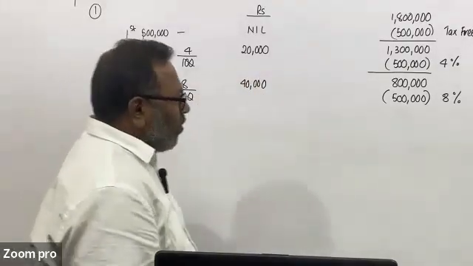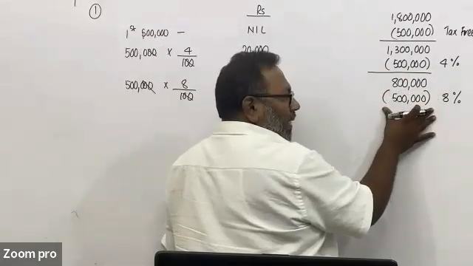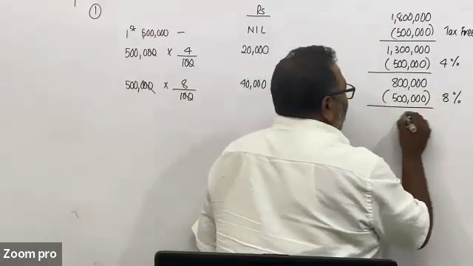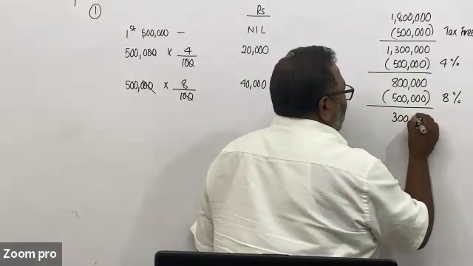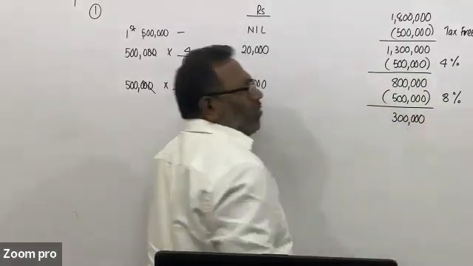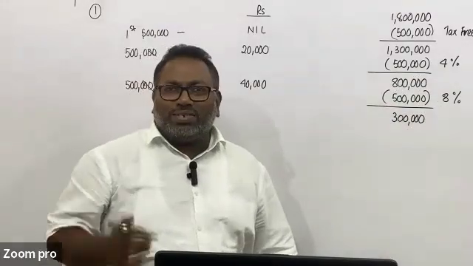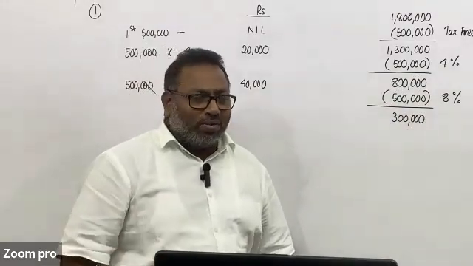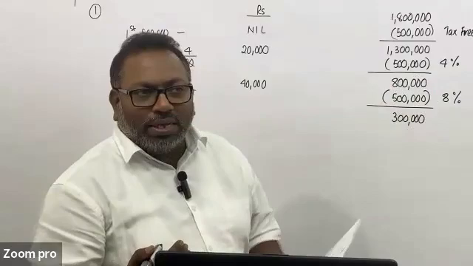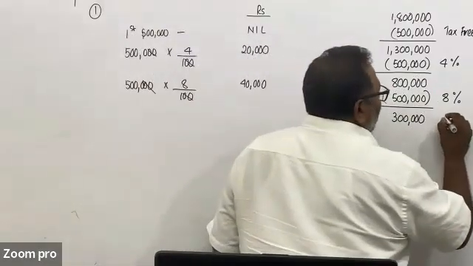Okay, right? So now 800,000 minus the 500,000, you're only left with 300,000. So 300,000 of your income is still there. What is that amount going to be taxed at? 12%.